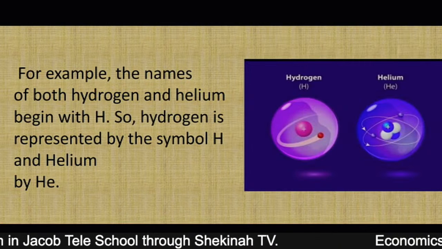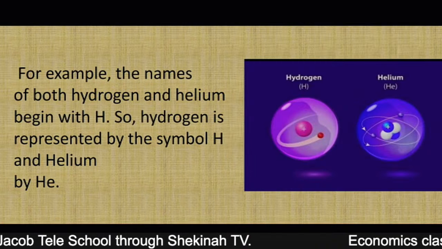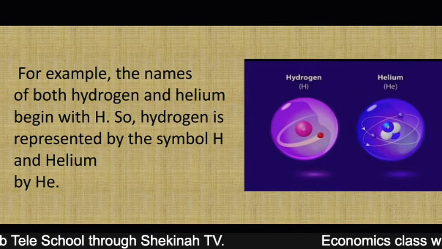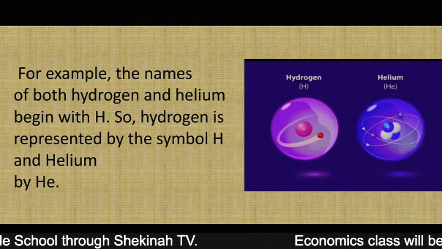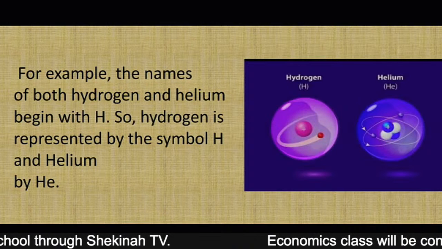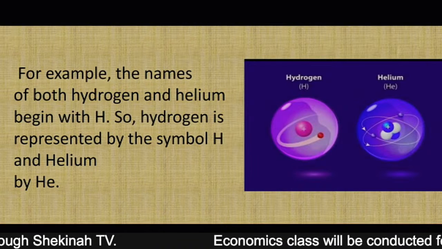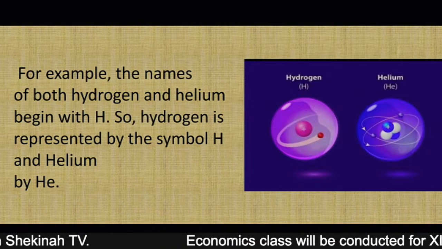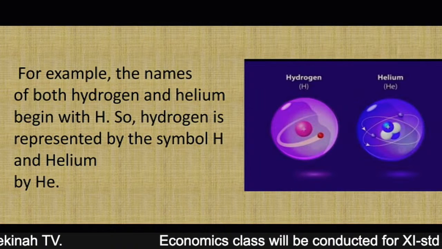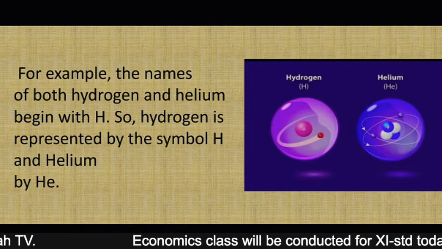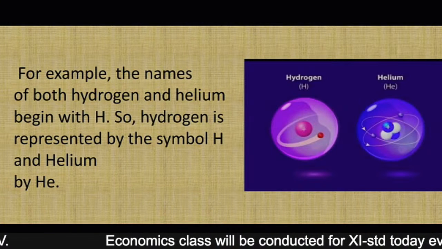The names of both hydrogen and helium begin with H. See the picture? Am I right? The words hydrogen and helium started with capital letter H. So எப்படி எழுத முடியும்? H னு ரெண்டுத்துக்குமே எழுத முடியுமா? ஒரே symbols யூஸ் பண்ண முடியுமா? டெஃபினட்டா யூஸ் பண்ண முடியாது.